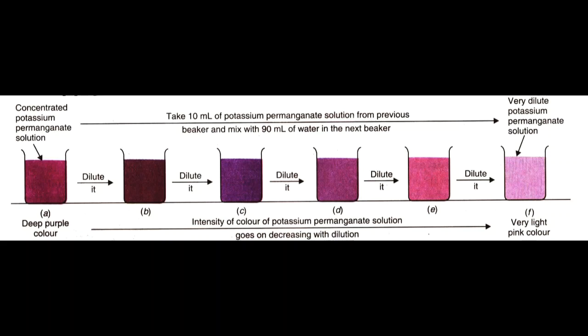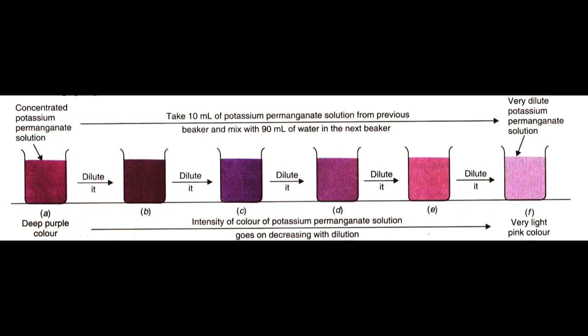Now look at this diagram. Look at it very closely. In the first beaker, there is a concentrated solution of potassium permanganate and water. In the later beakers, gradually we went on diluting the solution. When we come to the last beaker, the most diluted solution, we have just gone on adding more water to it.